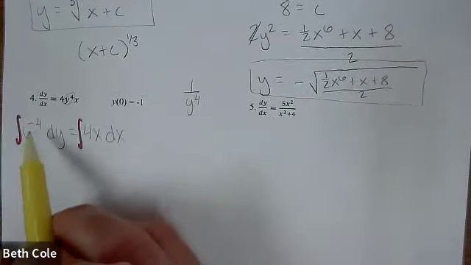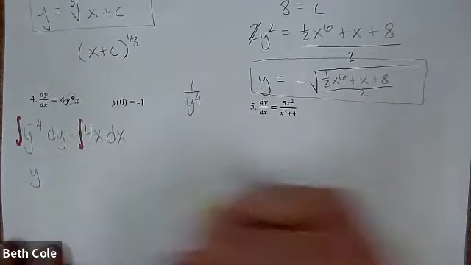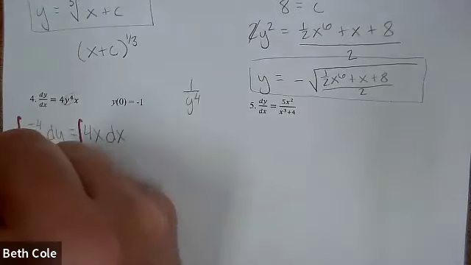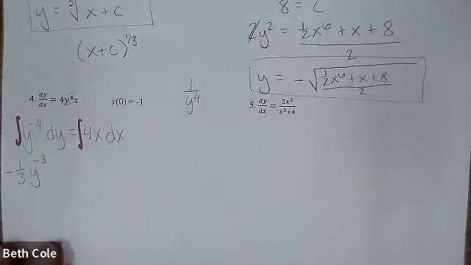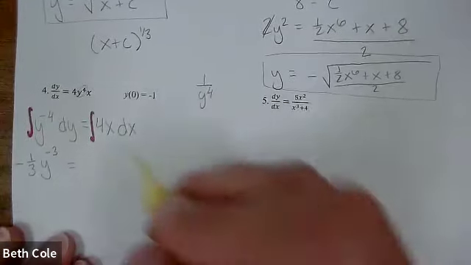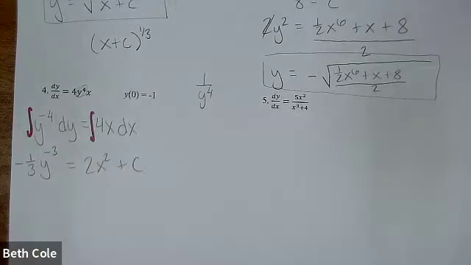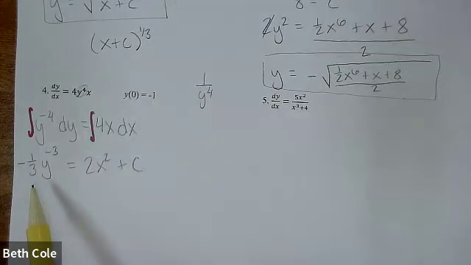Okay? So now antiderivative, be careful because it's negative. When I add 1 to the power, it's going to become what? Negative 3. And so in front, I need a negative 1/3 y to the negative 3 equals 2x squared plus c. Cool. Now I'm going to take a step and rewrite this so that I don't have a negative power.